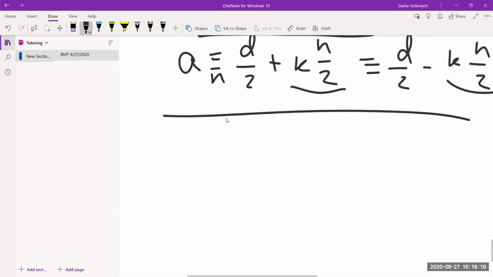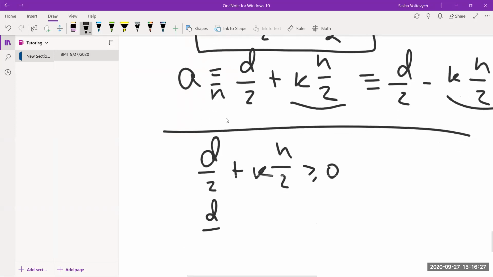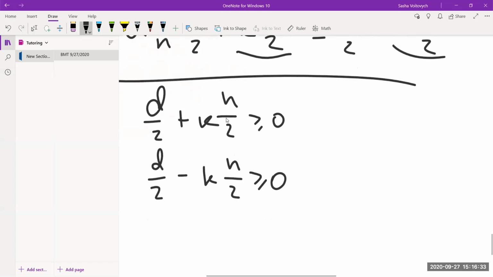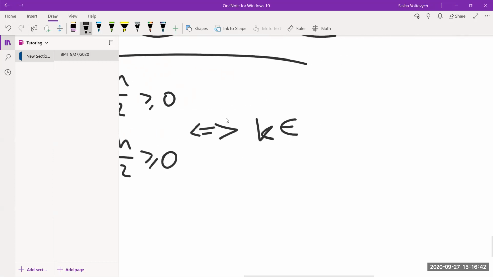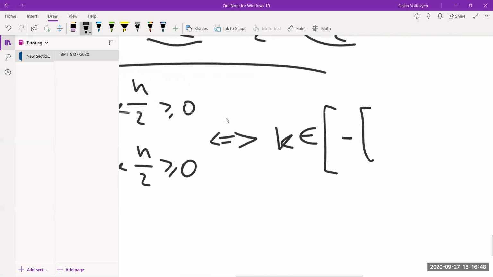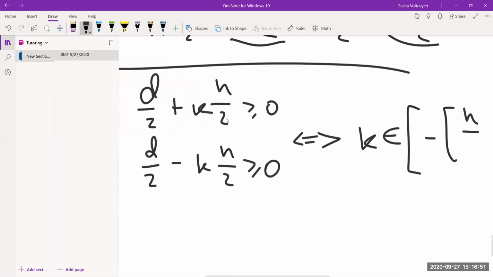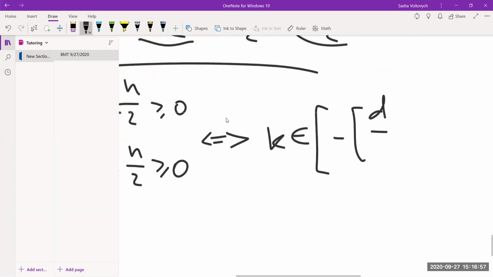So this means that D over 2 plus k n over 2 has to be greater or equal to 0, and D over 2 minus k n over 2 is greater or equal to 0. This is equivalent to k being in the interval from minus floor of D over n to floor of D over n.